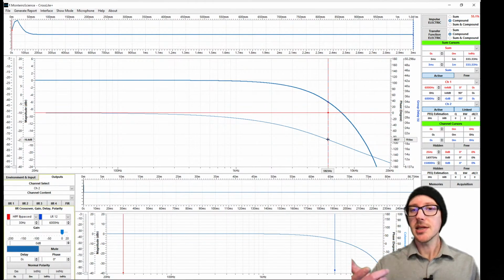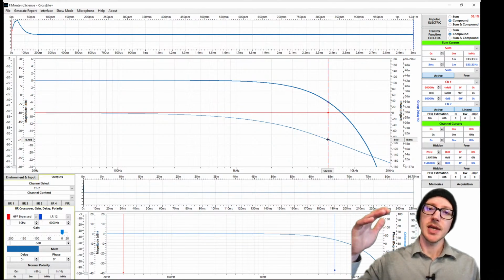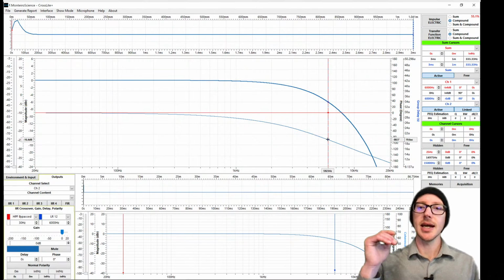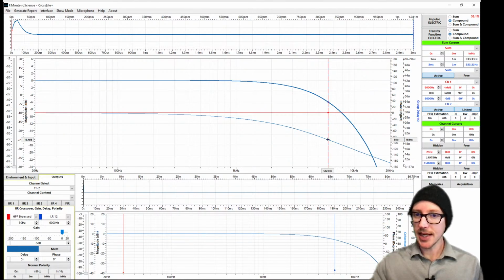So the only thing that's changed between the high-pass filter and the low-pass filter is that the phase is now a negative number instead of a positive number. Remember, before it was 90 degrees of phase shift up, and now with the low-pass filter, it's 90 degrees of phase shift down in the negative direction.